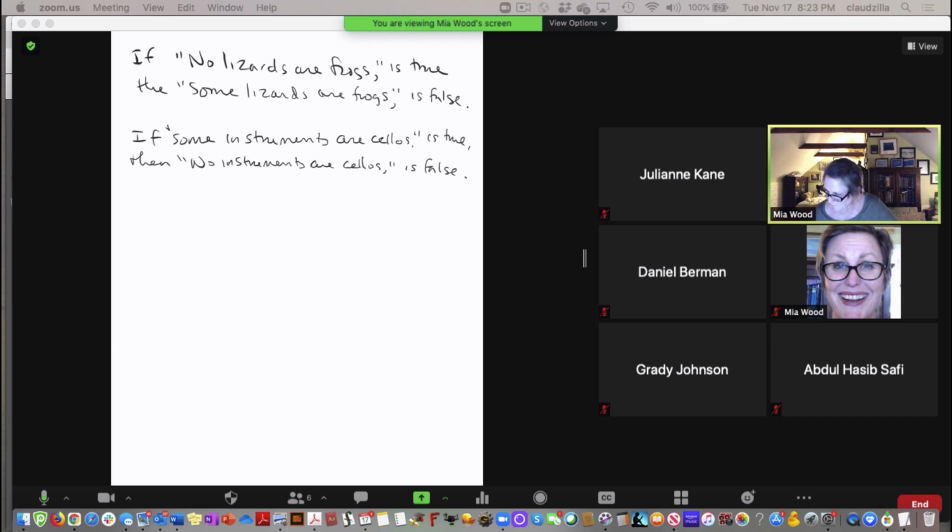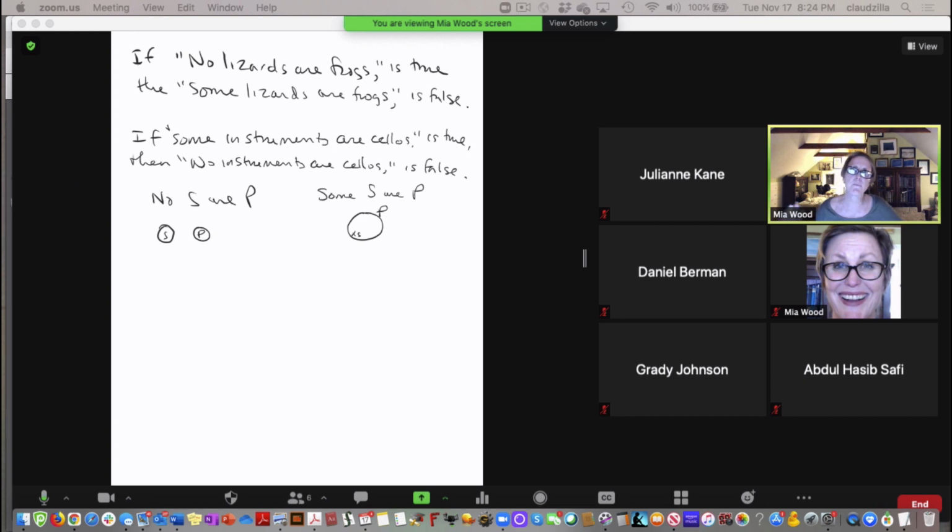So let's say, here's our universal negative: no S are P. Here's our S class, here's our P class, and they're mutually exclusive of each other. On the other hand, some S are P tells us that here's an S and it's within the P class, which, if the universal negative is true, can't be the case.